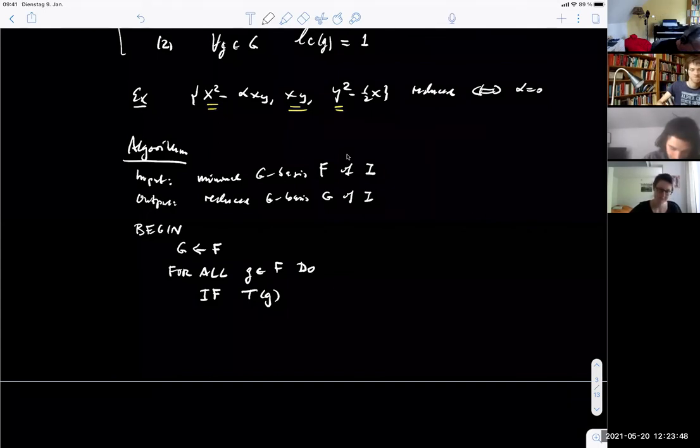So if the term set of g intersect, so now I take the monomial ideal of the leading terms of capital G minus g, so I remove that and then I check. Is it empty or not? If it's not empty, then I can reduce.